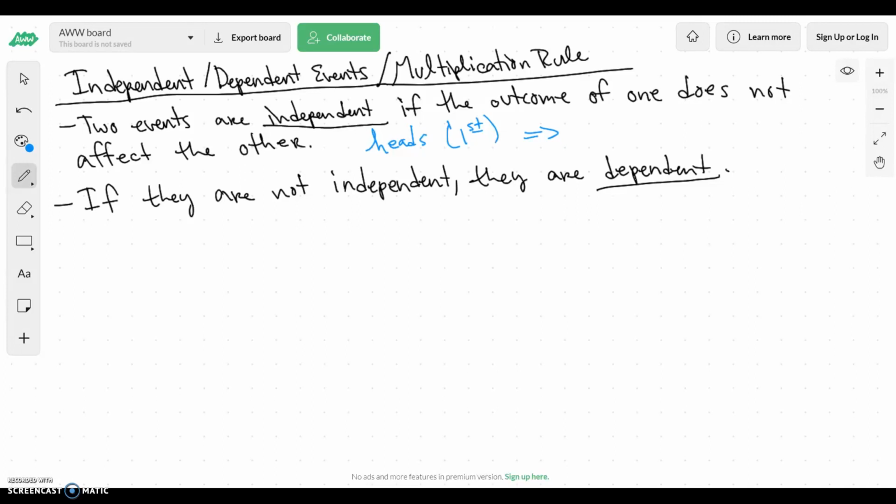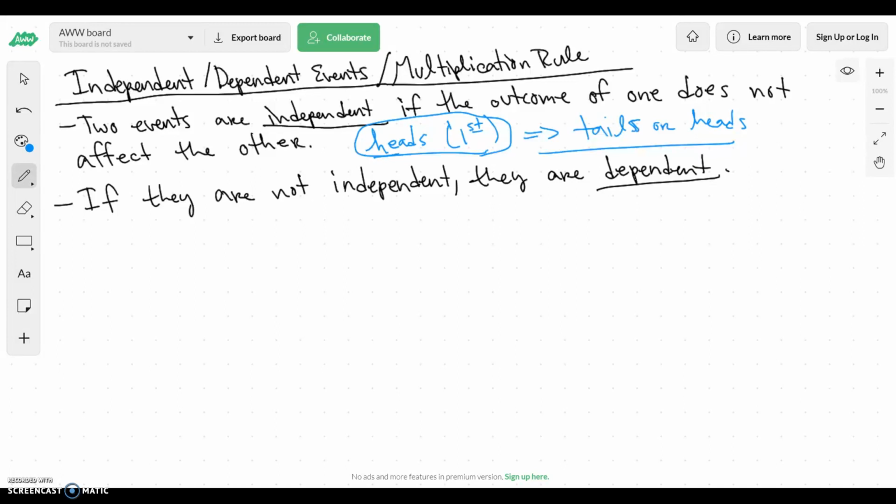Even though I get heads first, that doesn't mean that tails or heads is more likely. The coin basically has no memory, so I can get either tails or heads. That's what an independent event is.